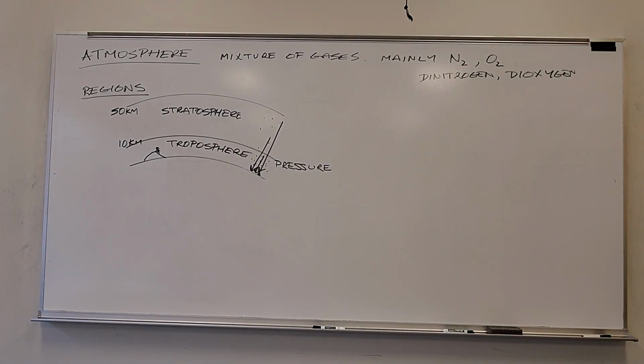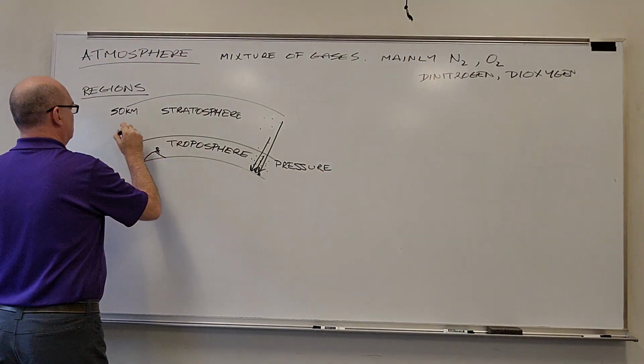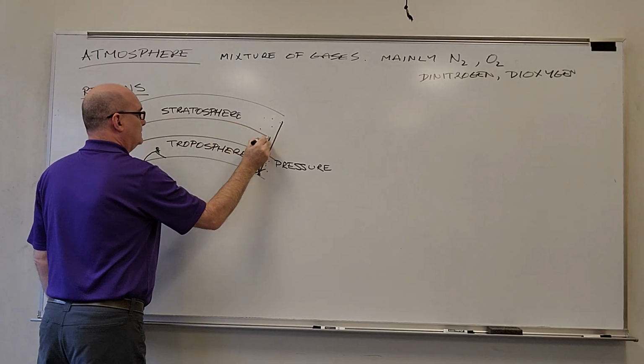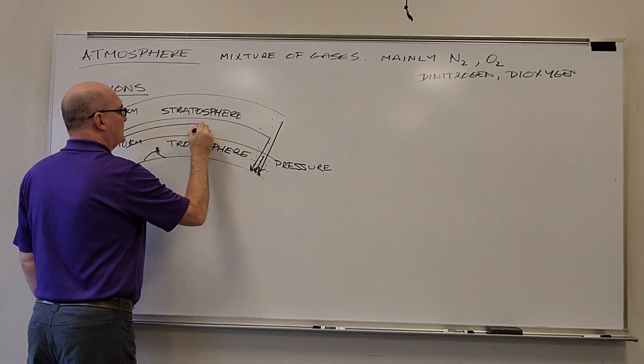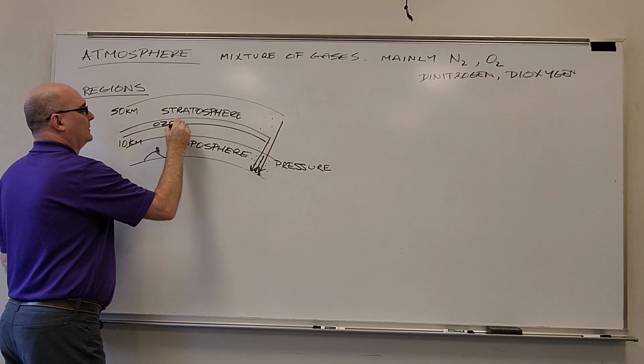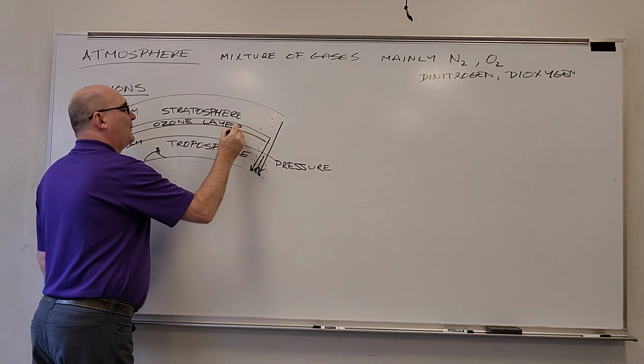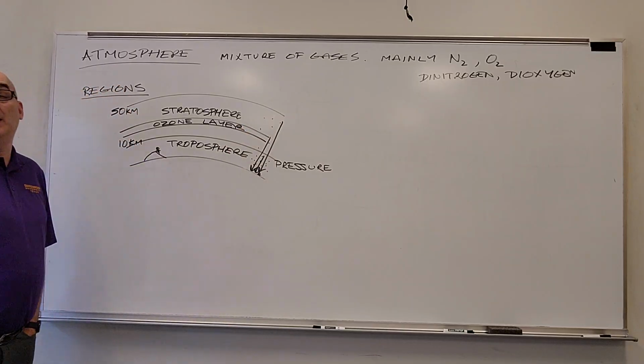Now, in the stratosphere itself, somewhere between about 20 and 30 kilometers up, this is where we see most of the ozone showing up. Sufficiently enough that we call it a layer.